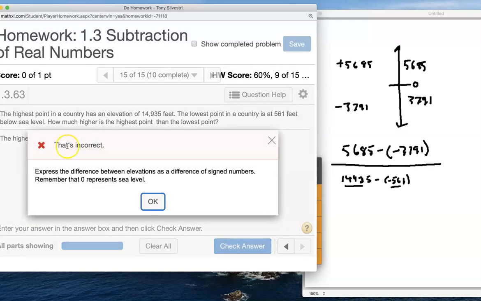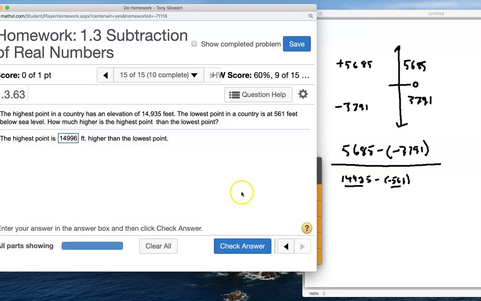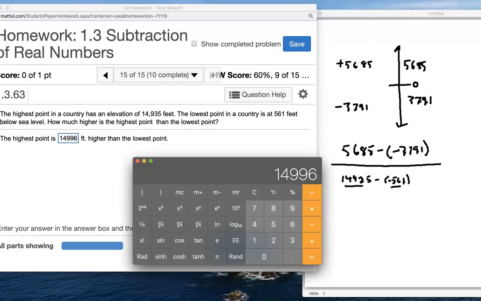Hit enter. What? Well, anyway, express the difference. Did I enter it right? Oh, wait a second. I don't think I entered it right. I think I entered a 4. Hold on, let's do it again.